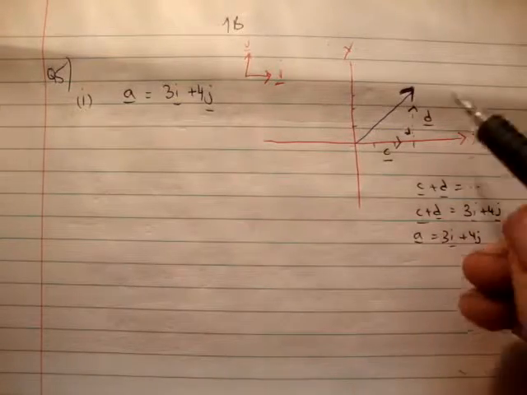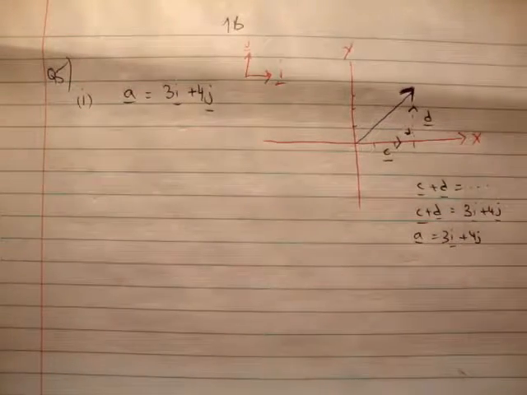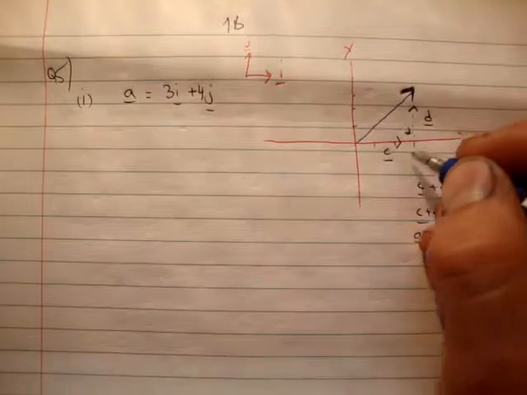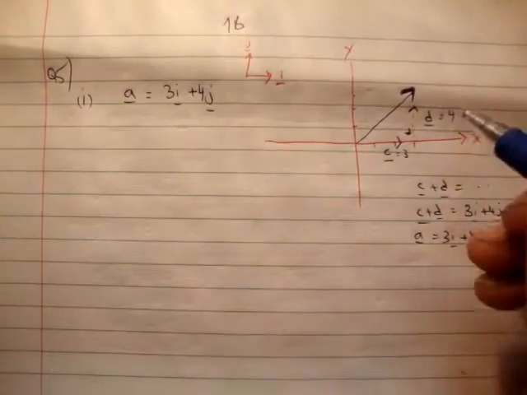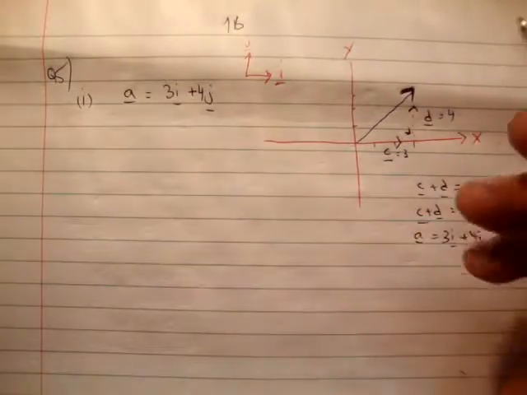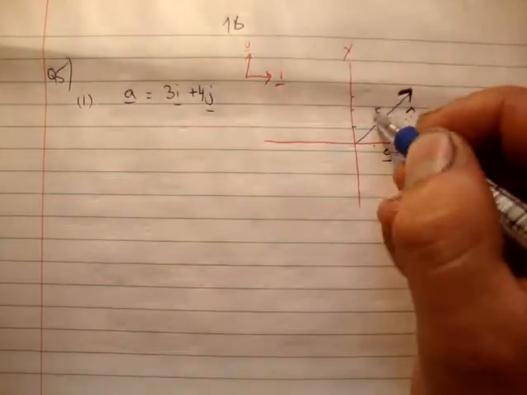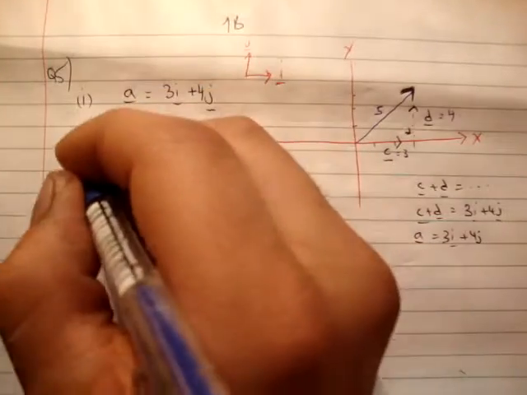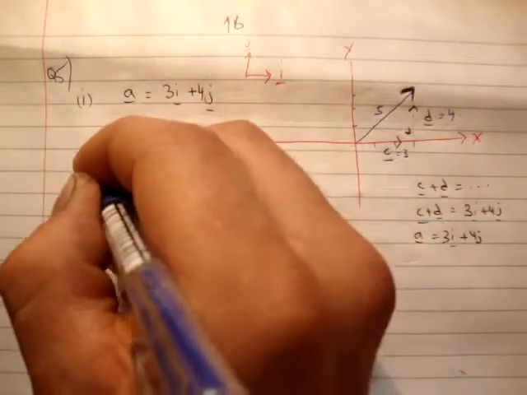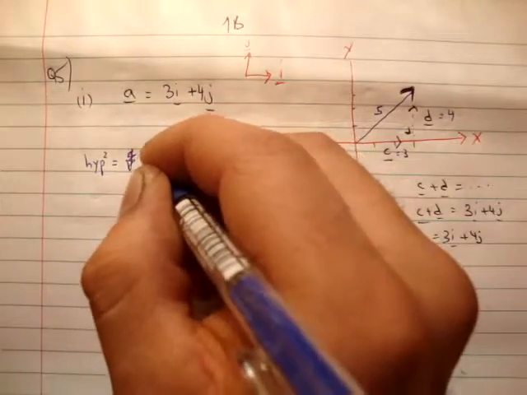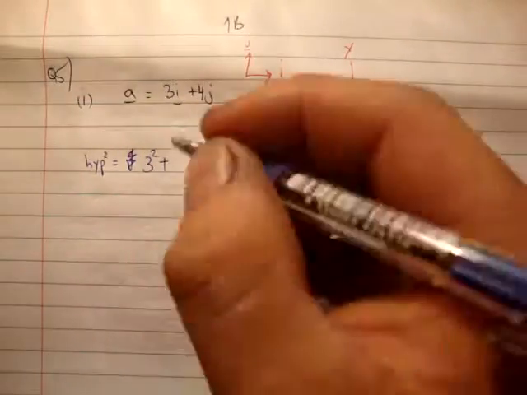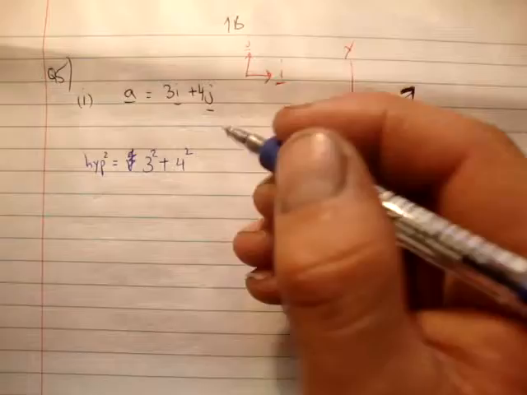Anyway, that's how we do it. Just going to give their magnitudes: C is equal to 3, D is equal to 4. Now you can do a bit of Pythagoras here, and you'll find that this is 5, because the hypotenuse squared is equal to 3 squared plus 4 squared, and you take the square root of that.